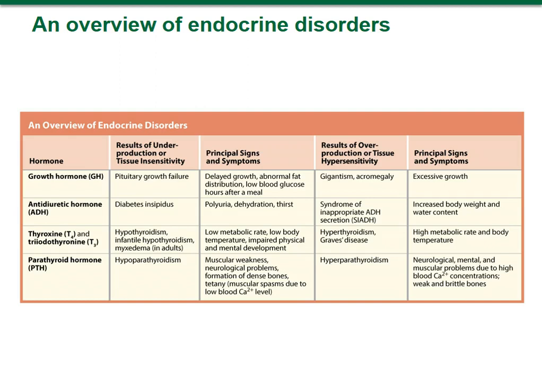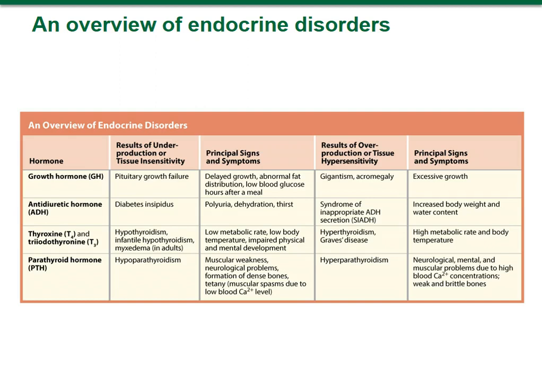They're giving you actually what happens with each of those hormones in terms of underproduction and overproduction. I apologize. Let me look at that again. So results of underproduction of growth hormone, pituitary growth failure, for overproduction, gigantism and acromegaly, for underproduction of ADH, diabetes insipidus, overproduction, inappropriate ADH secretion, for underproduction of thyroxine and triiodothyronine, or T3 and T4, hypothyroidism, infantile hypothyroidism, myxedema.